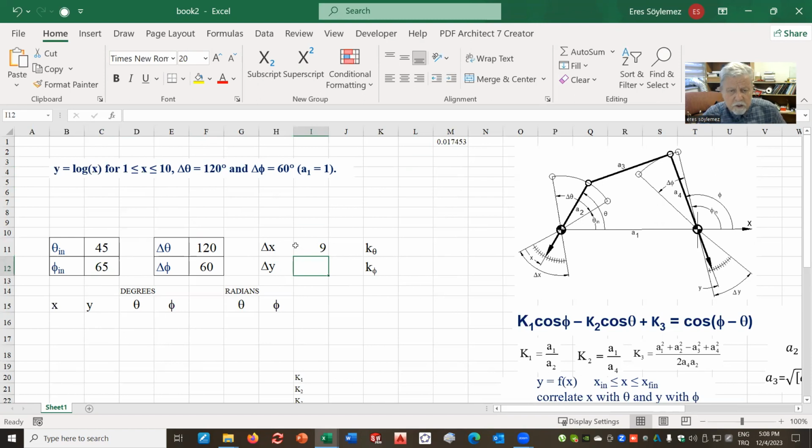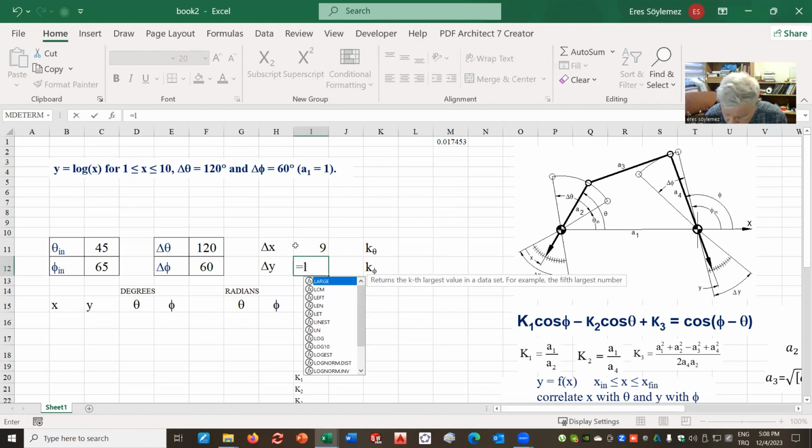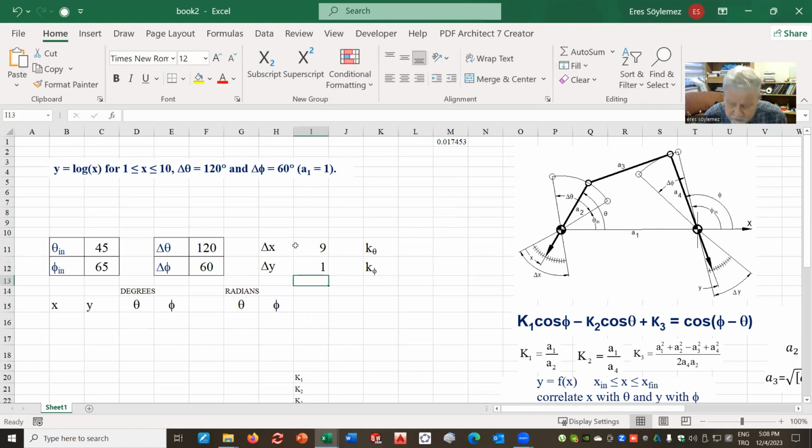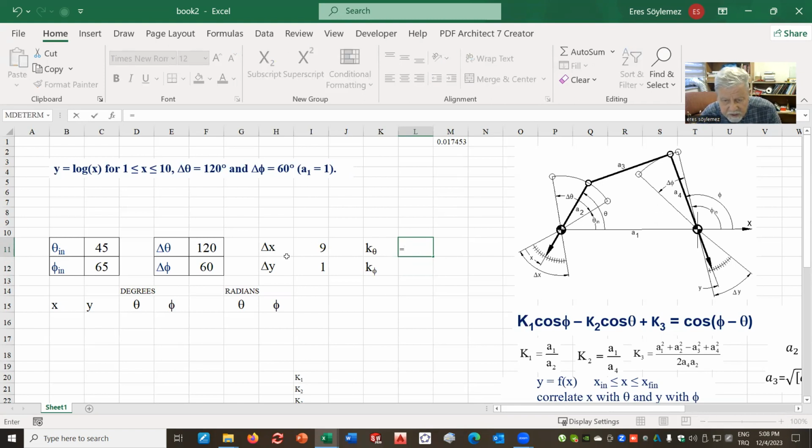Delta y: log of 1 is 0. Log of 10 is equal to 1, I know, but let me show it. So delta theta by delta x will be the scale factor for theta.